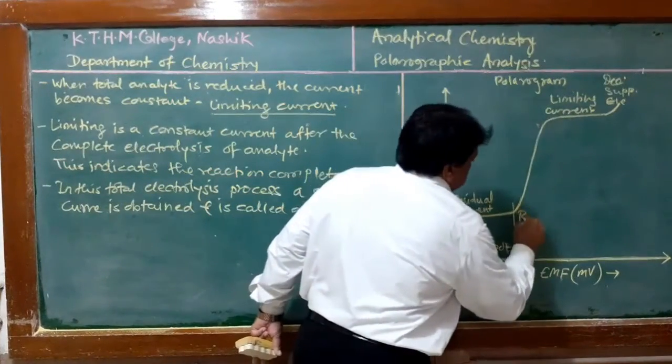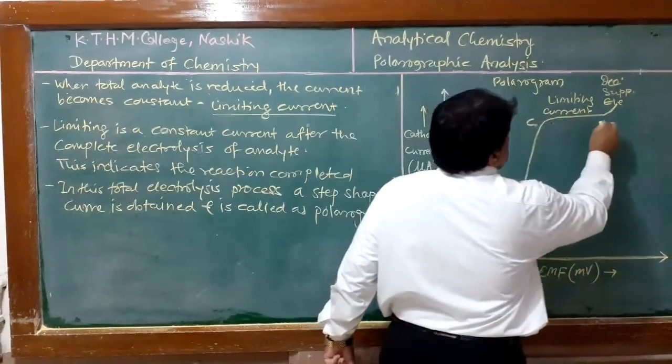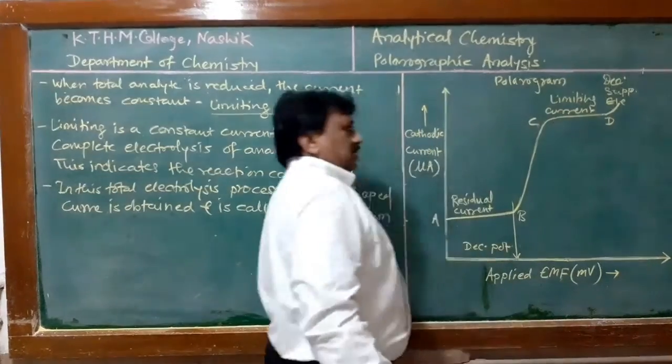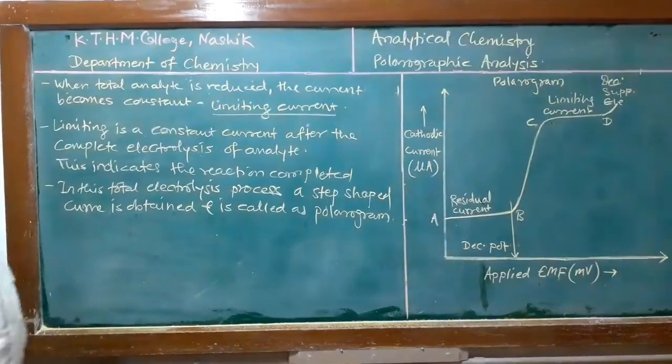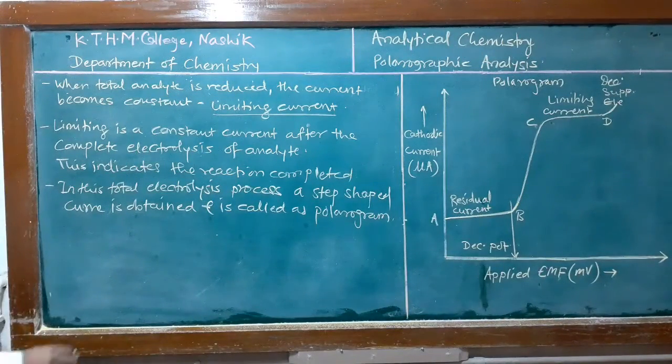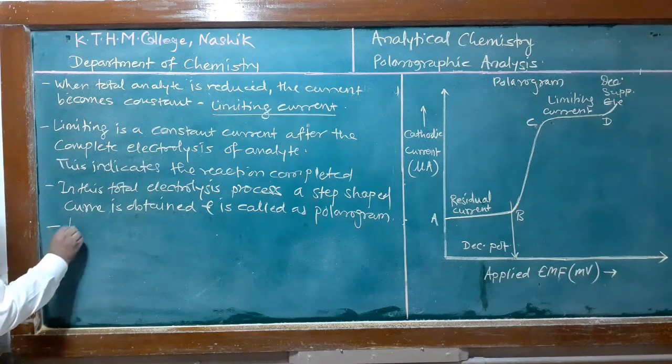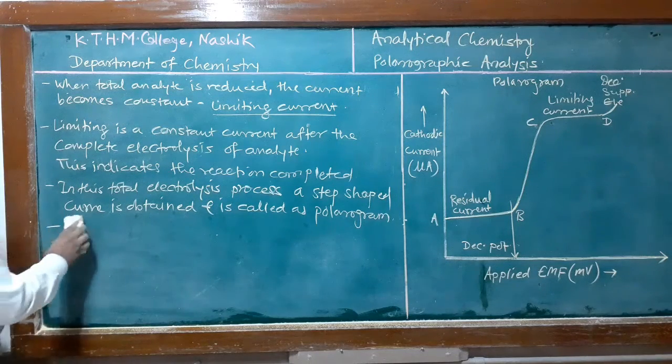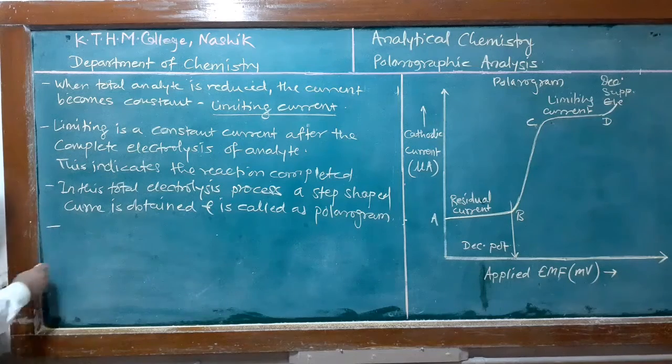This is A, this is B, this is C, and this is D. Therefore, ABCD is a polarogram, having three different regions.